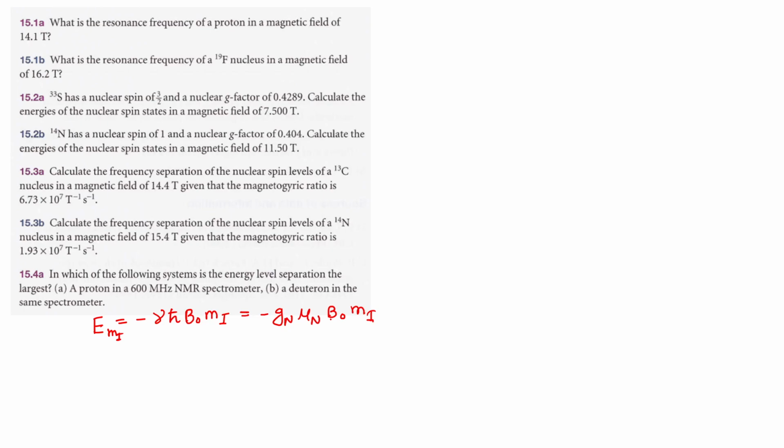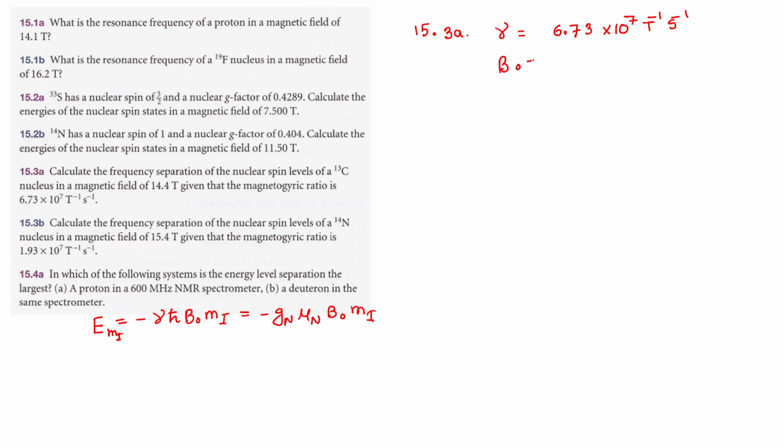Now for 13C, 13C also has spin half, so it is plus half, minus half. The magnetogyric ratio for 15.3a is given as 6.73 times 10 to the power 7 Tesla inverse second inverse.